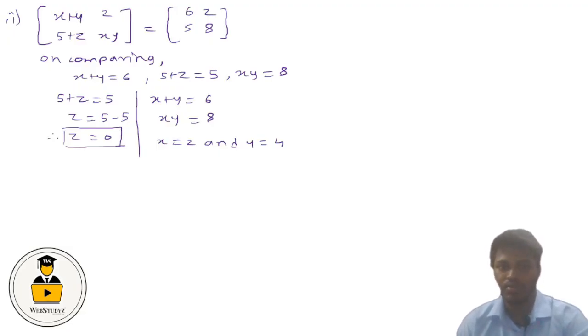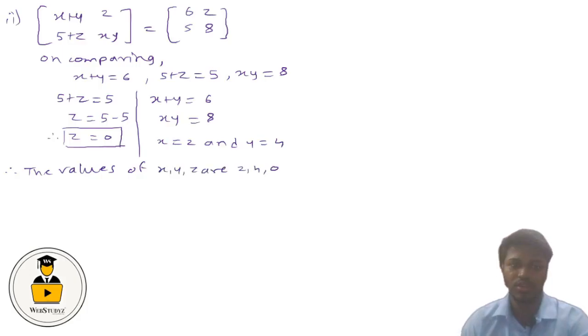It satisfies the condition: when we add 2 and 4 we get 6, and when we multiply them we get 8. Therefore the values of x, y, and z are 2, 4, and 0.